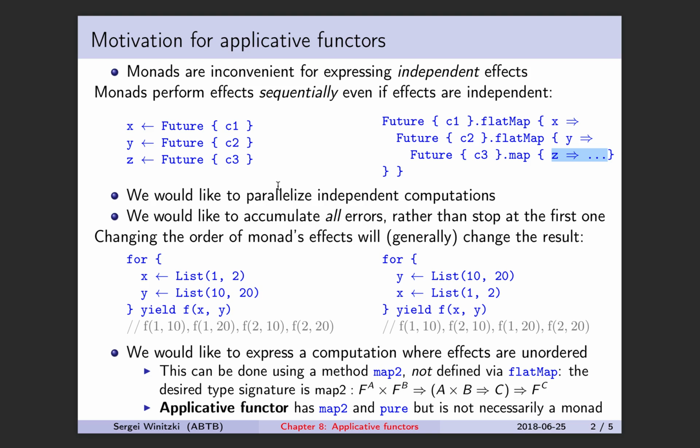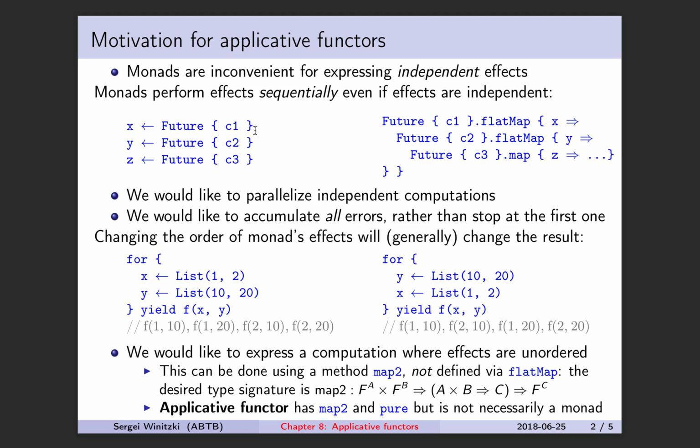We'd like to parallelize these things, and we have seen in a previous tutorial that a very easy way of parallelizing such computations is to create the futures before starting the functor block. But this is actually a specific feature of Scala, where futures already start computing when you create them.